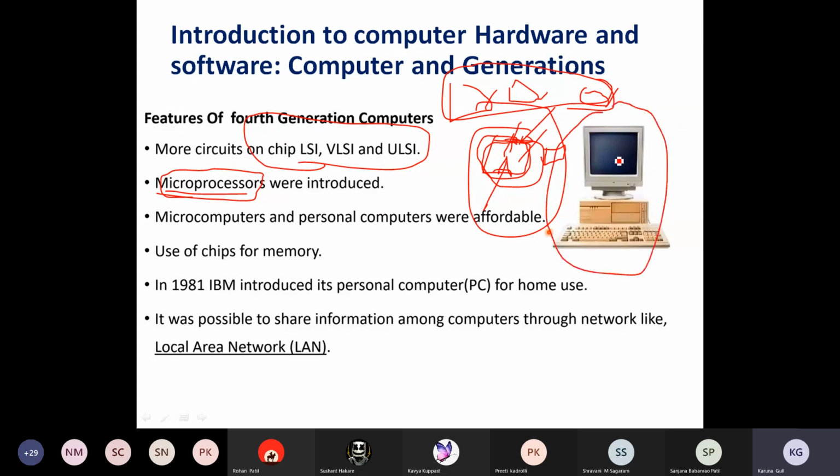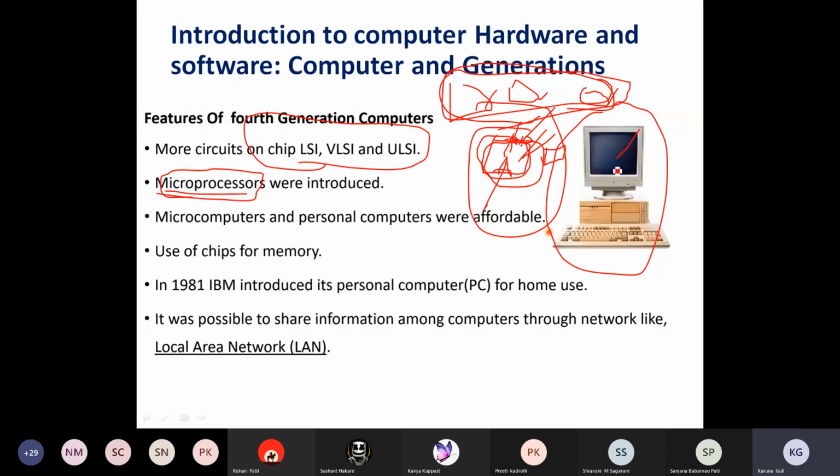If you look at these systems, the size changed drastically again compared to the previous generation systems, because now a single IC is capable of doing the tasks of multiple ICs. This was the duty of the microprocessor, which replaced multiple ICs. And the price became very cheap compared to the previous generation computers.